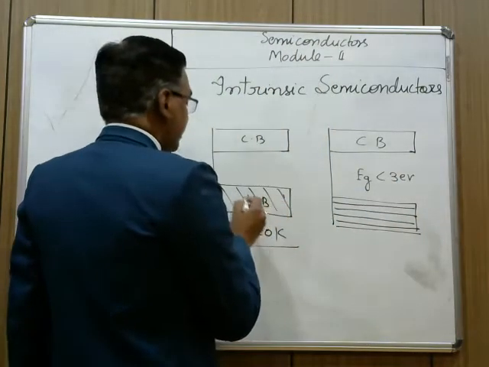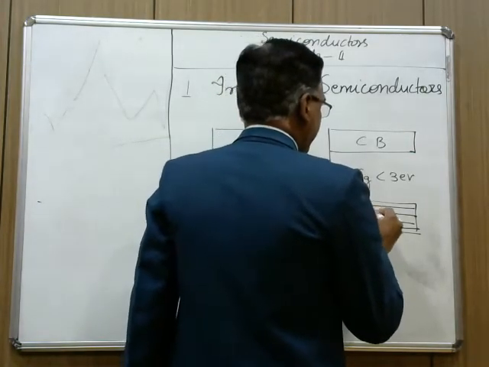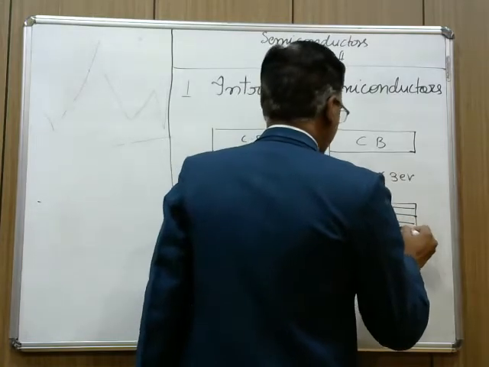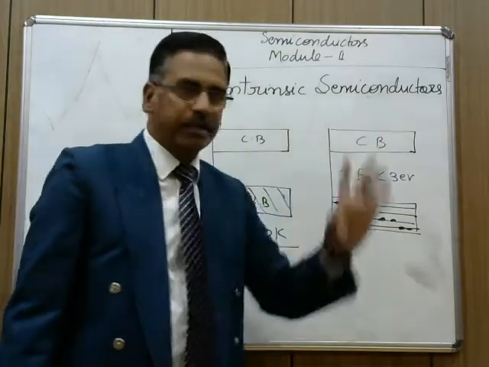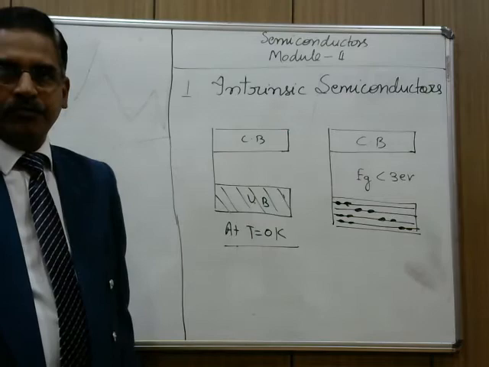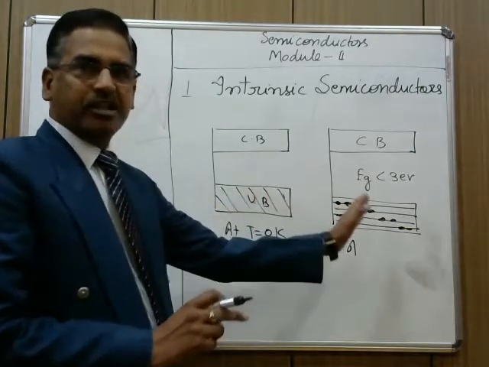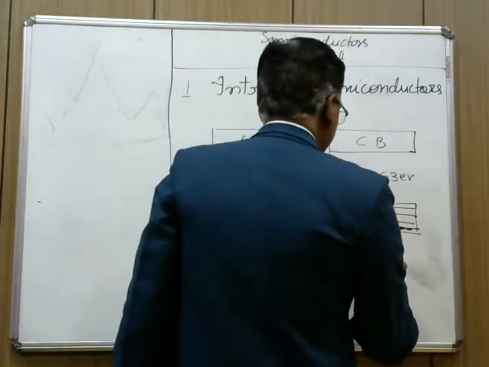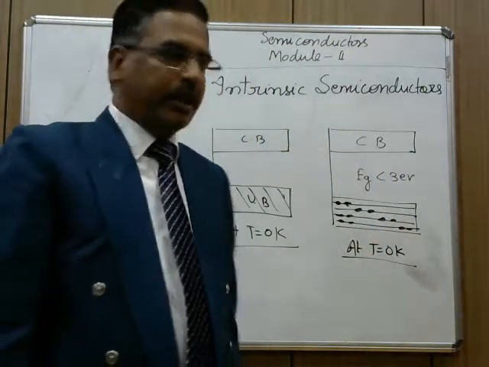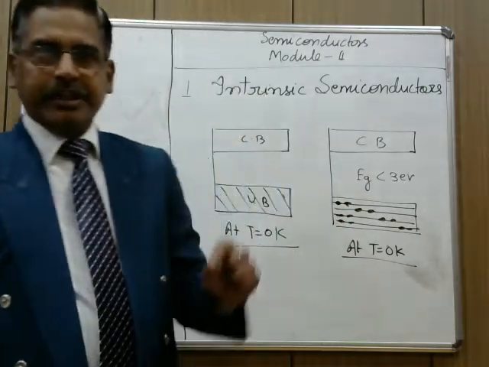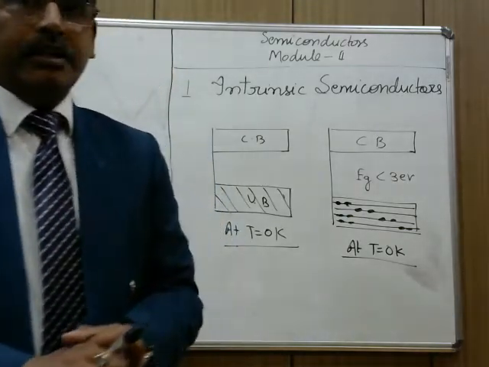As I told you, the valence band is completely filled, so we show that electrons are there in the valence band and it is completely filled. These are electrons. And the conduction band is completely empty. Therefore, at T equals 0, this figure will be replaced by this. At T equals 0 Kelvin, again you can see the conduction band is completely empty and the valence band is completely filled. Since there is no electron in the conduction band, there is no conductivity and the semiconductor behaves like an insulator.